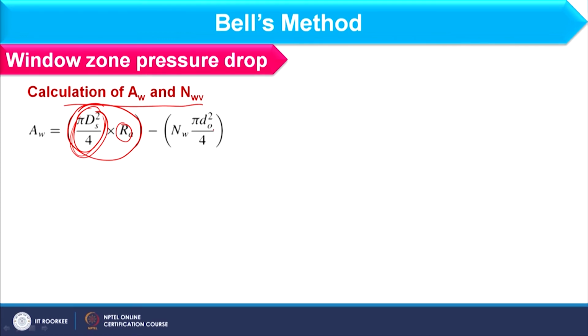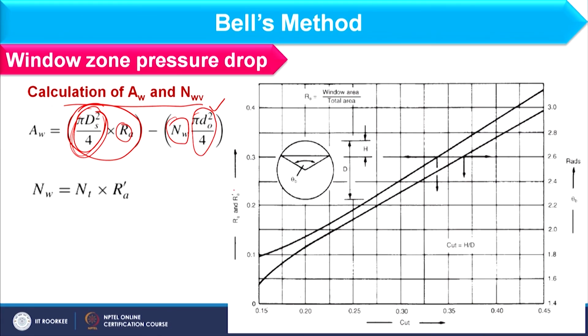And I will further deduct the area which is occupied by the tubes. Pi d square by 4 is the outer cross sectional area of one tube, into NW. NW is basically the total number of tubes available in the window zone. NW we can find out by NT into RA dash. RA and RA dash you can find out from this curve.